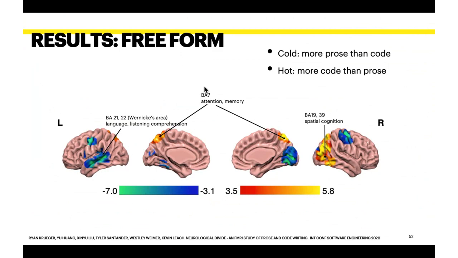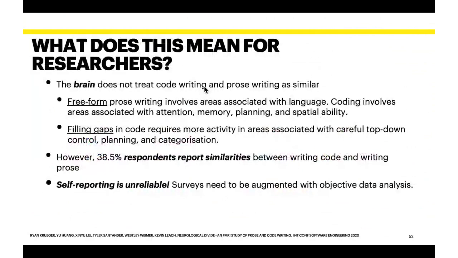When you look at the areas which are more active during coding, you see things related to attention, memory, and spatial cognition. Essentially, this means that the brain does not treat code writing as similar to prose writing. Those are different activities.